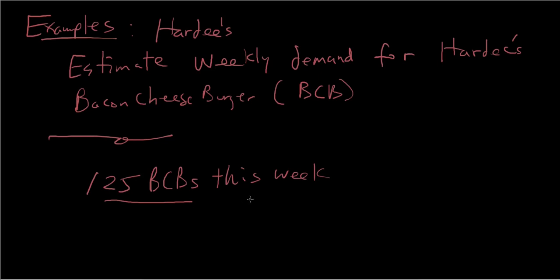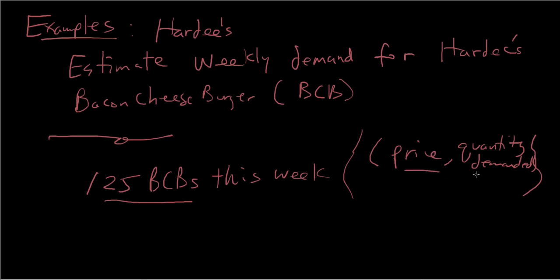According to our definition, demand is a pair of price and the corresponding quantity demanded. So we have to collect all those price and corresponding quantity demanded pairs, right? But this one is just, suppose it is $5, and at $5, 125 bacon cheeseburgers have been sold this week.